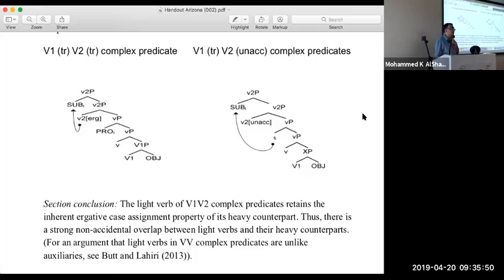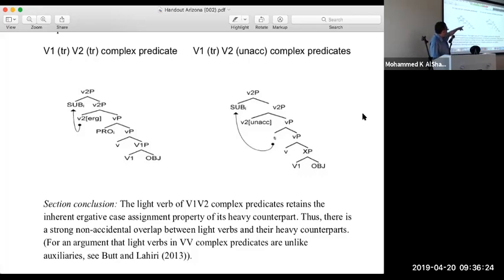The lower VP is the thematic domain, where all the theta roles are assigned, and the higher VP, which is headed by this light verb, has nothing to do with actual theta role assignment to the arguments. The subject argument might acquire something additional in the higher position, but its basic core theta role is coming from lower down in the structure.